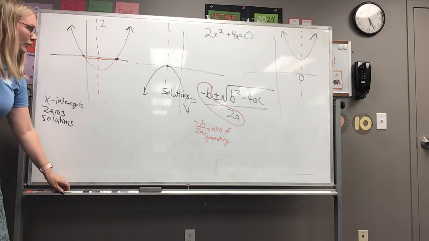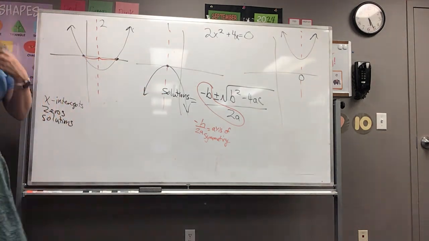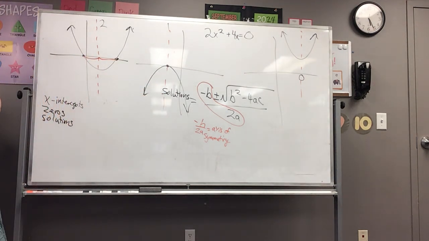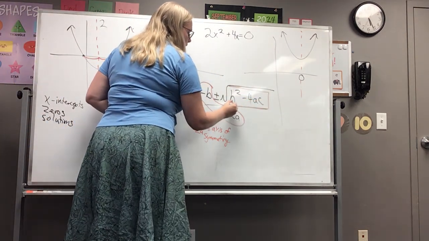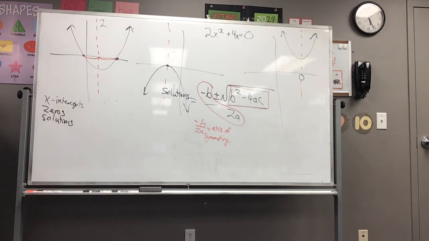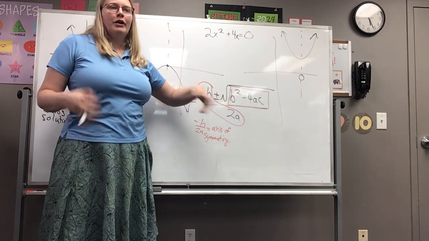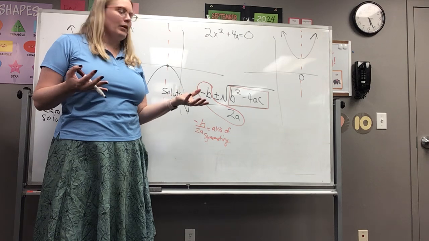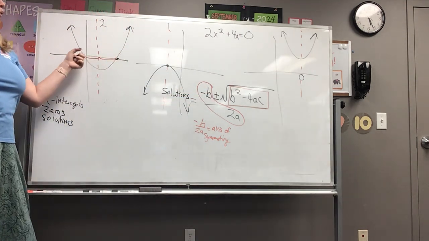The second, or the third thing, I suppose, because we already talked about solutions and axis of symmetry, the third thing you can do with this equation is use the inside. Because, let's talk about what happens. If this ends up being a real number, perfect square or not, but if it's a real number, we have plus or minus, that creates our wobble.